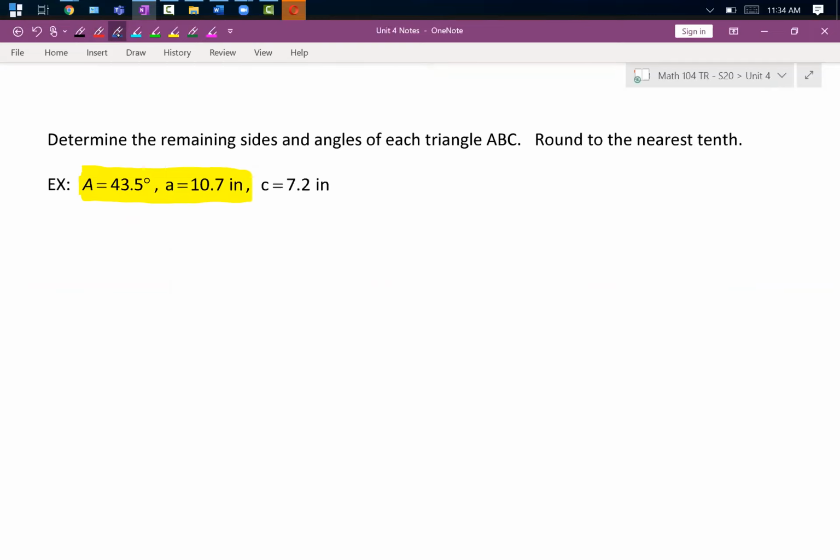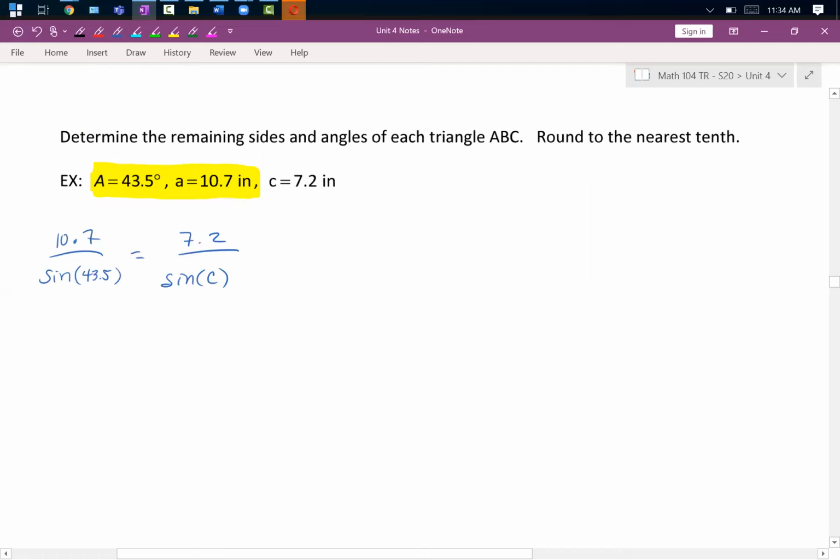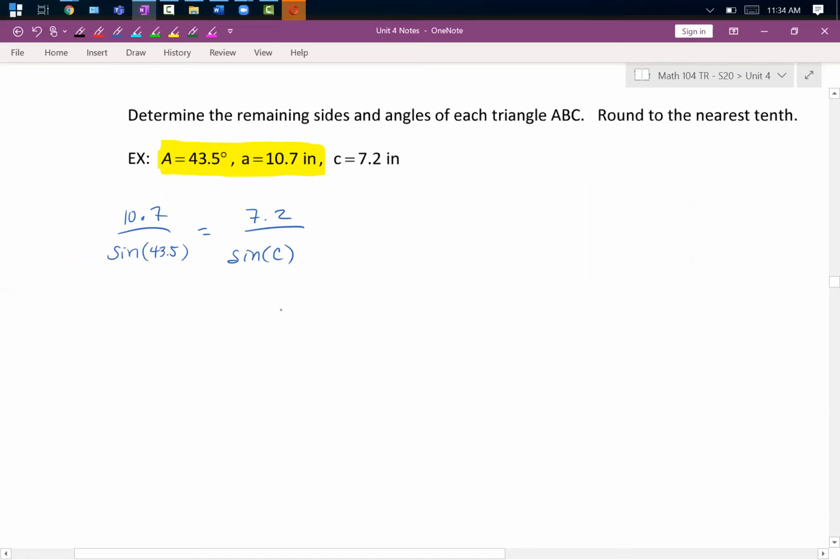Law of sines says that a over sine of A is going to be equal to c over sine of C. And we're going to solve for angle C. We'll cross multiply. Then we need to isolate the sine of C so we can use our inverse sine.